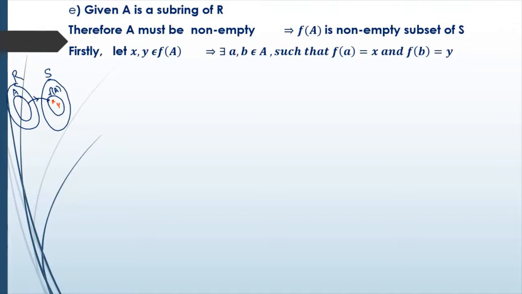So for any two elements in f of A, you will definitely have a corresponding element in A. So a is mapped to x and b mapped to y.